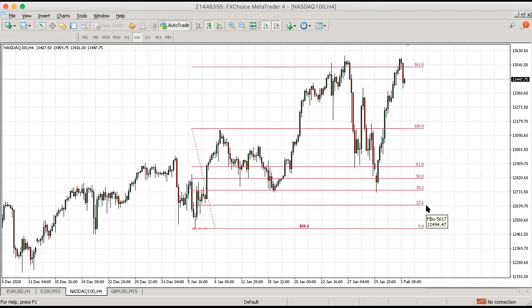So the one that I'll give you will be telling you 123.6, 138.2, and so on. So when you enter at 50%, you would want to exit at the corresponding level for 50%. When you enter at 38.2%, you want to exit at the corresponding level for 38.2%, which is 138.